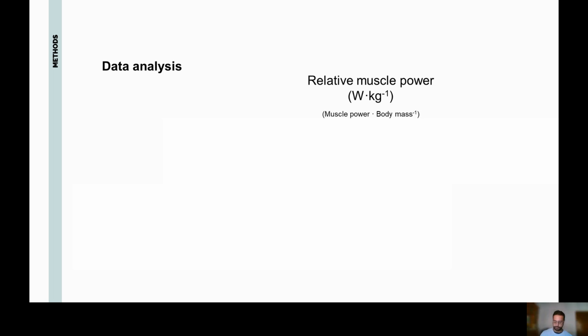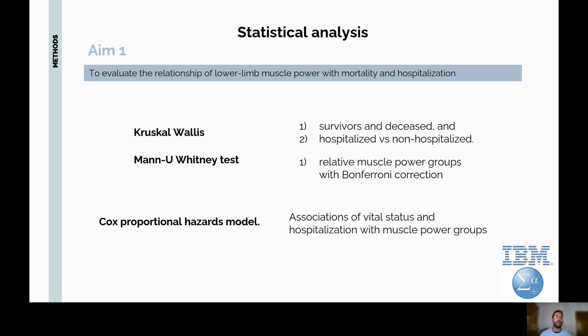On the third level we have a specific muscle power, which is absolute muscle power divided by the relative leg lean mass. And finally, we have the relative leg lean mass as another component of this absolute muscle power. So these are the different levels of analysis.